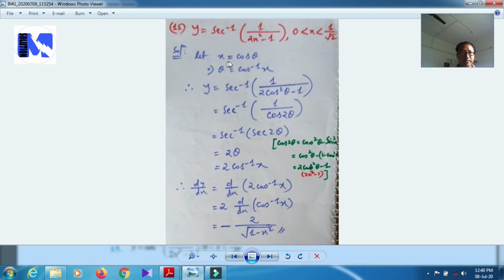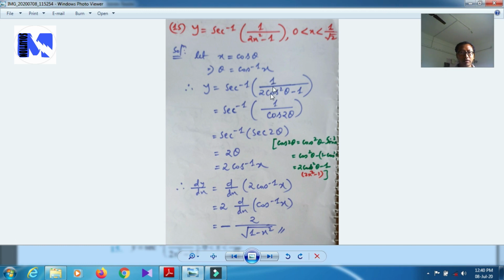I have taken here x equal to cos theta, because I have shown here cos 2 theta equals cos square theta minus sin square theta. Cos square theta minus sin square theta can be written as 2 cos square theta minus 1. That means it looks like this, 2x square minus 1. So if I take x equal to cos theta, then this will give us this part, and ultimately cos 2 theta.